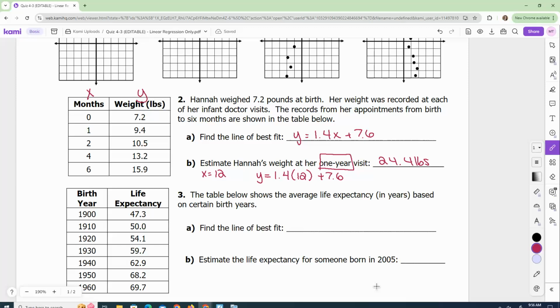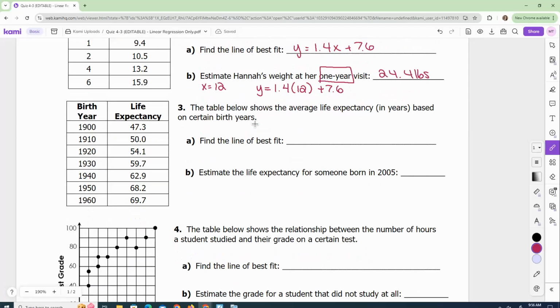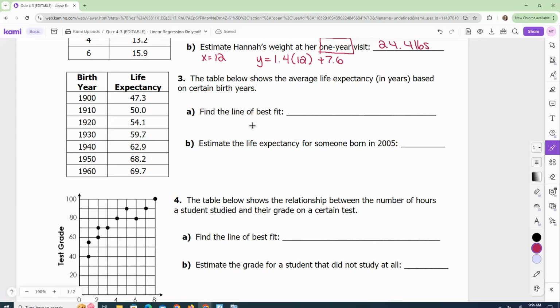The next one is similar, but my X is telling us a birth year. What did we do when we had years? Did we use 1900, 1910 in our calculator? No, because it gave us really weird equations. What did we use instead? 0.